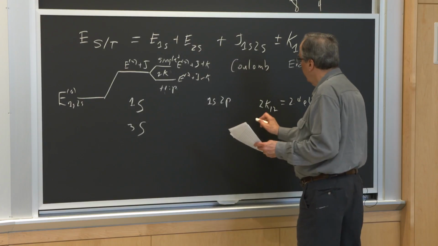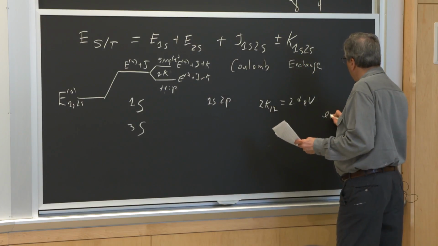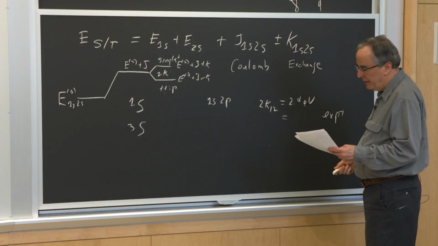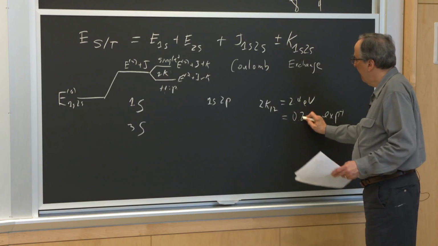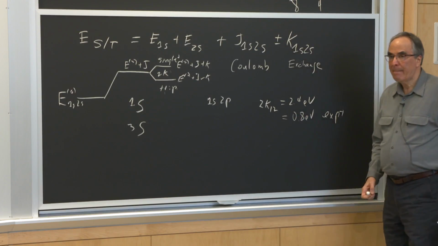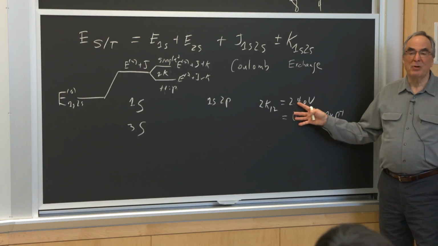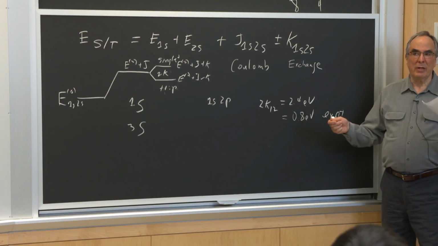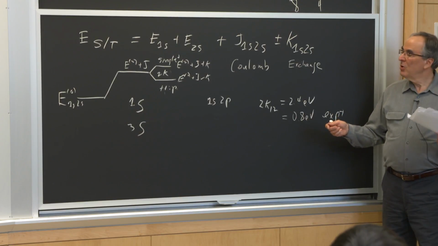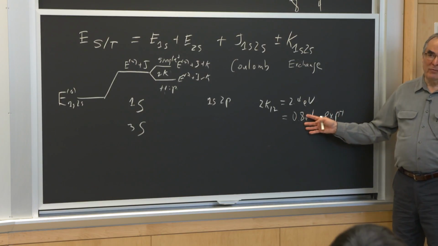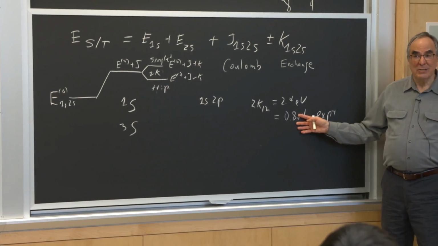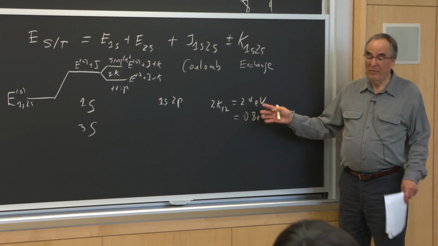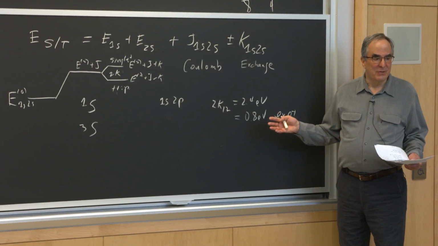And experiment, it's 0.8. And this tells you something really important. The repulsion between 2 electrons when you have the correct wave function is less than it would be if you're using the wrong wave functions.